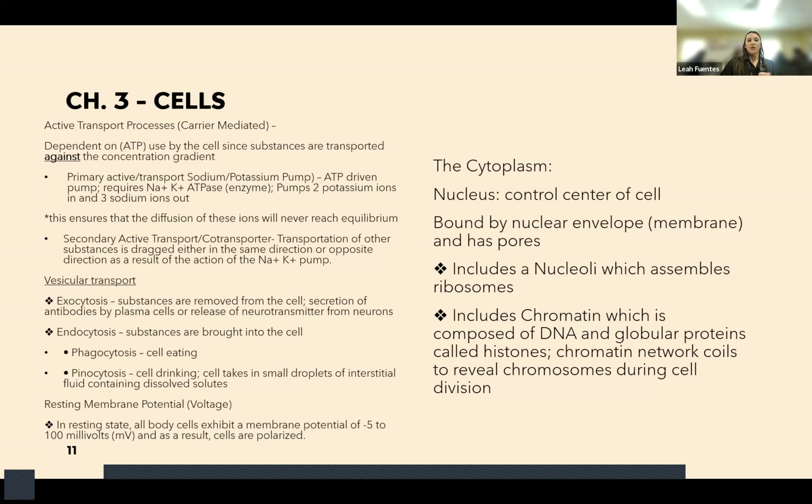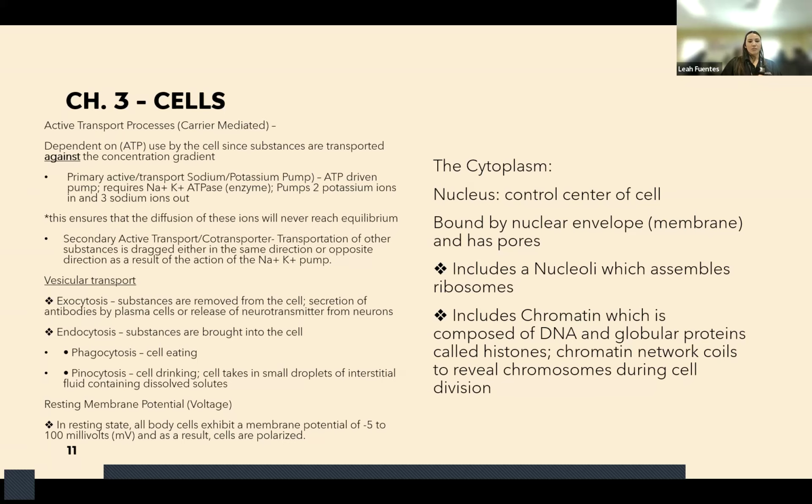Endocytosis is substances brought into the cell. So again, we have that plasma membrane. It can be selectively permeable, but this is where that endocytosis comes in. With endocytosis, we have phagocytosis, which is cell eating, and then pinocytosis, which is cell drinking.